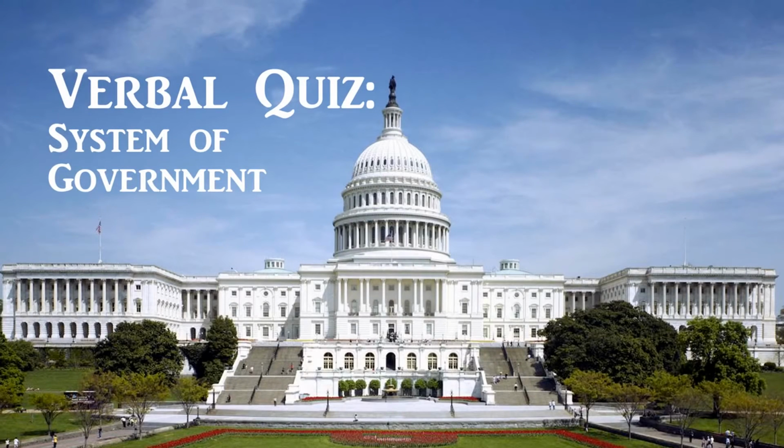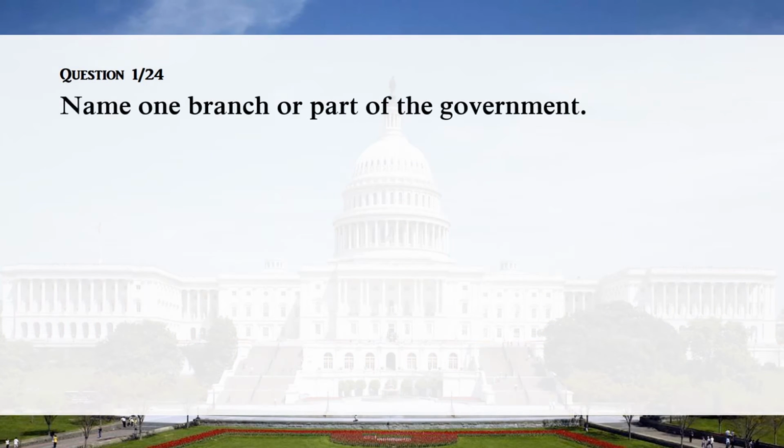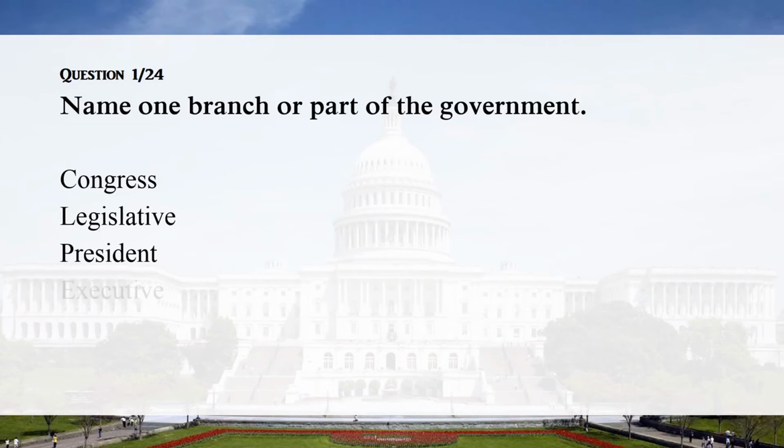Verbal quiz, System of Government. Name one branch or part of the government. You could answer Congress, legislative, president, executive, the courts, or judicial.